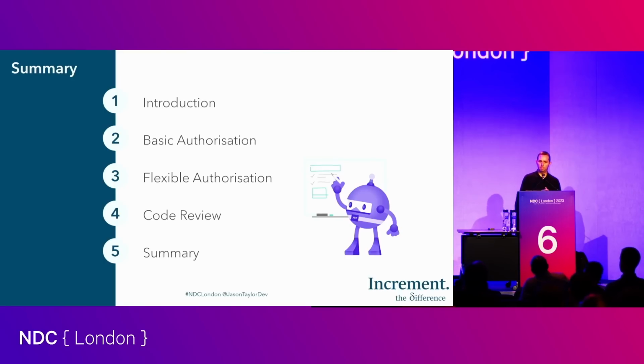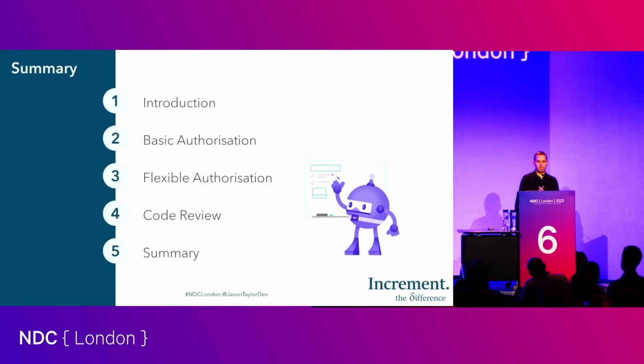But then we saw the flexible approach to authorization, which was built by extending ASP.NET Core's authorization capabilities. And we could see then that adding a new role was trivial, and that adding a new permission took the expected amount of effort, nothing more than is required.